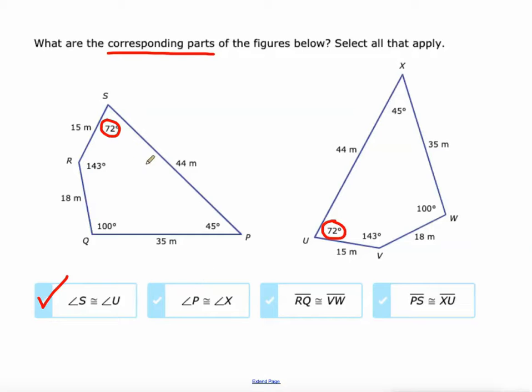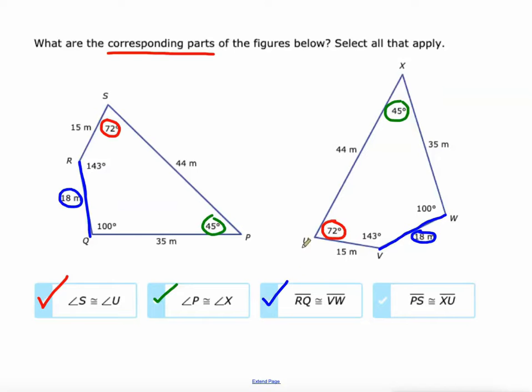Angle P is congruent to angle X. Angle P is 45. Angle X is 45. Yeah, that's pretty obvious that those correspond. Segment RQ is congruent to segment VW. RQ has a measure of 18 and VW has a measure of 18.